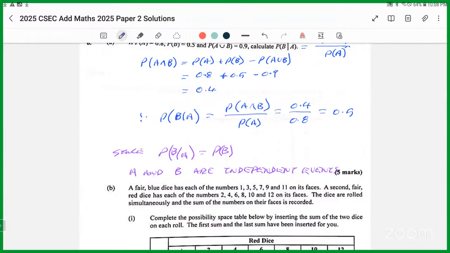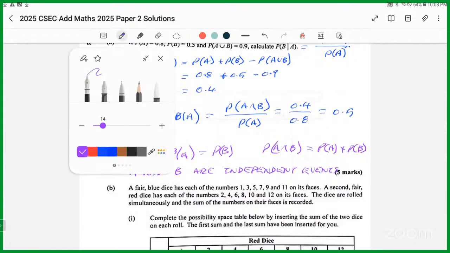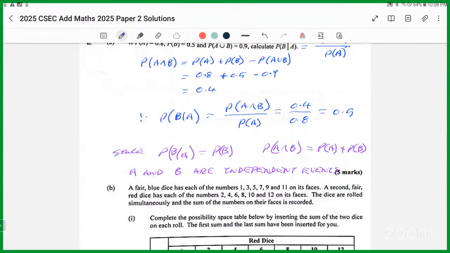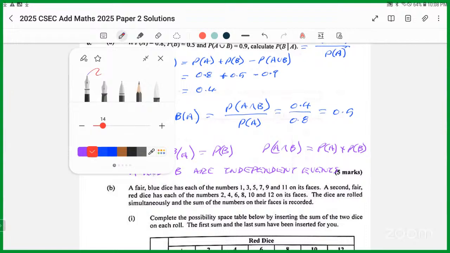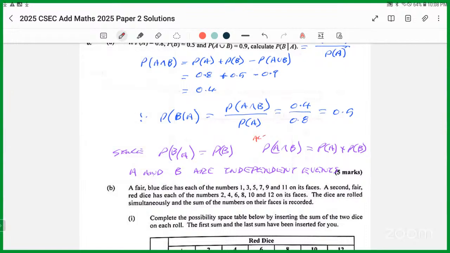Another way is that the probability of A intersect B must be equal to the probability of A times the probability of B. Let's see if that works as well. They didn't ask for this, but I'm still doing it. They could have asked us to determine whether or not the events are independent.